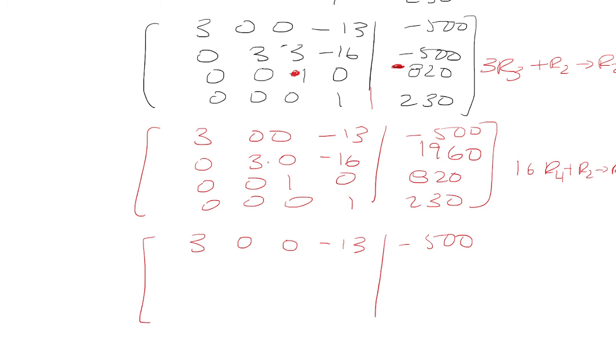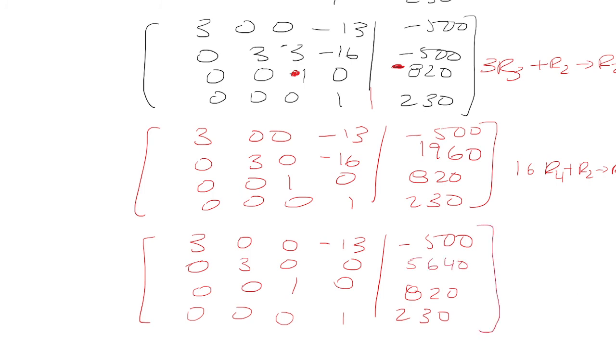So everything's going to remain the same for the first 4 except this one is 0. And then rows 3 and 4 are going to be the same. Now for this one here, we do 16 times row 4, which is 230, added to 1,960. And for that, we get 5,640.